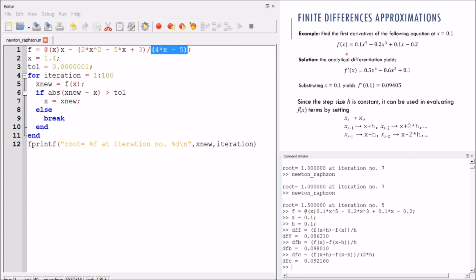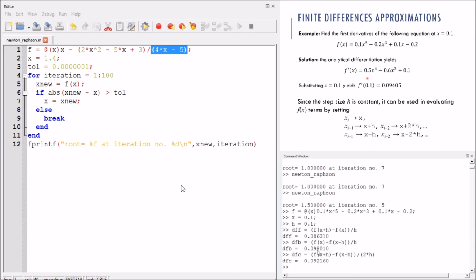So it's obvious now, we see that the value obtained by means of the central difference is closer to the solution, because we see the forward is not close enough.